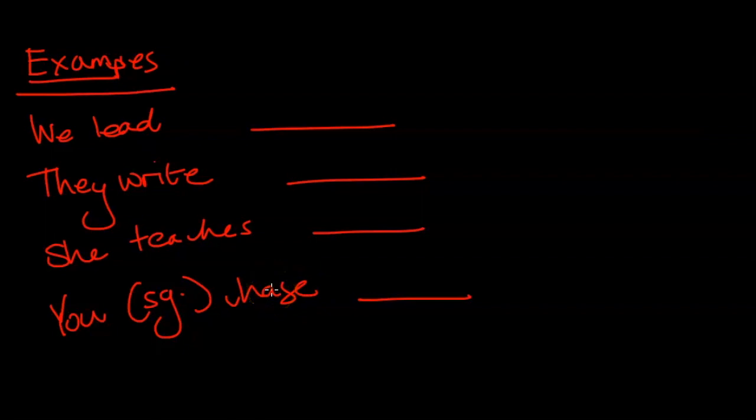Okay, so with that in mind, let's try some examples. The first example is we lead, the second is they write, the third is she teaches, and the last one is you singular chase. So now pause the video, have a go at them, and we'll do them together after you're finished.